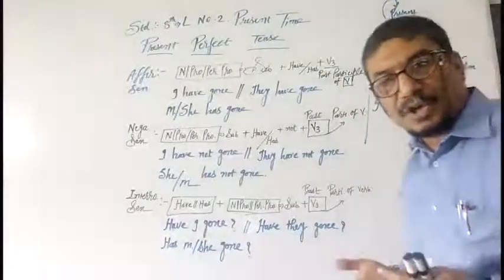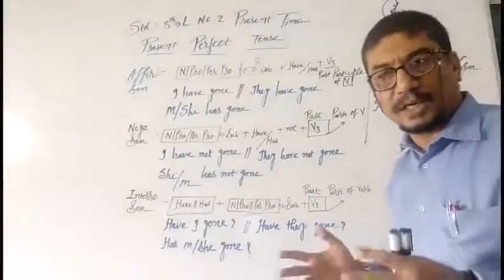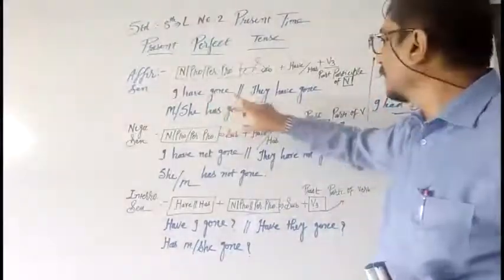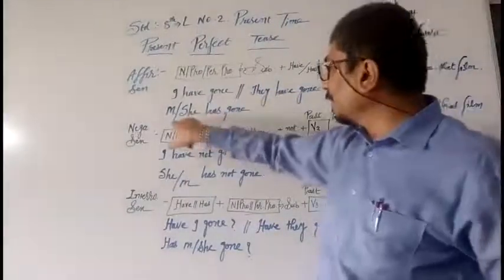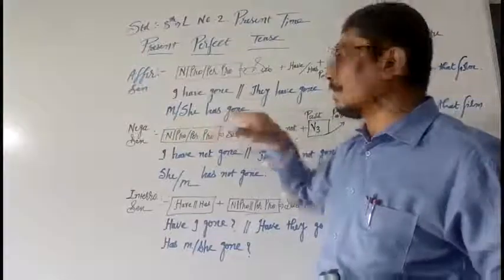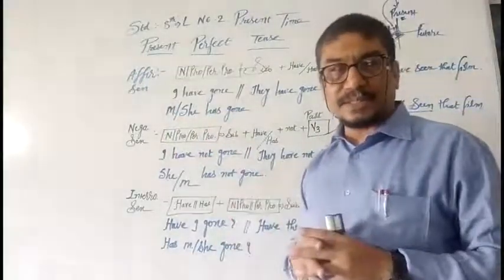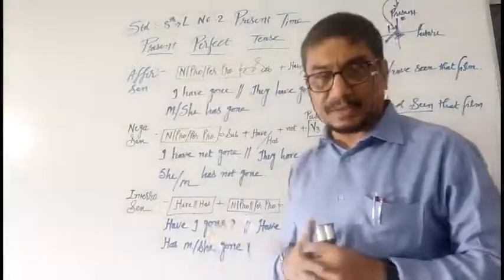You will write V3 or you will write past participle of the verb, both are equal. I have gone, they have gone, Mira has gone. This is the present perfect affirmative sentence formula.